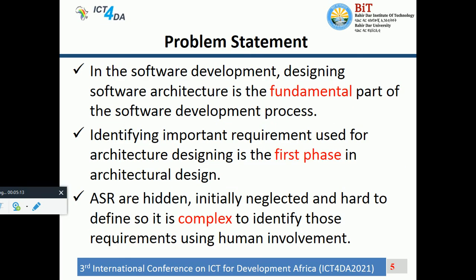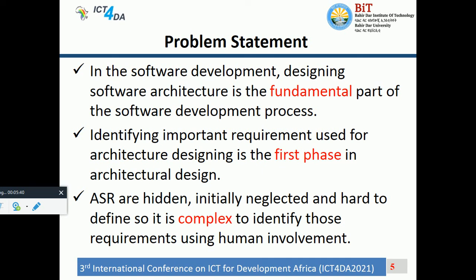When you see the problem statement, in software development, designing a software architecture is the fundamental or core part of the software development process. Identifying important requirements used for architectural design is the first phase in architectural design. The characteristics of architecturally significant requirements are that they are hidden, initial, neglected, and hard to define.